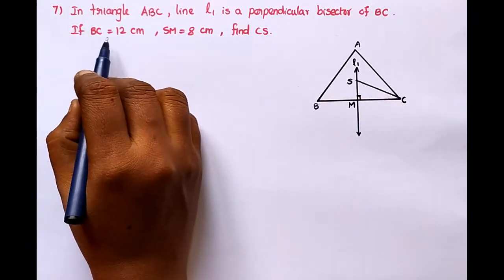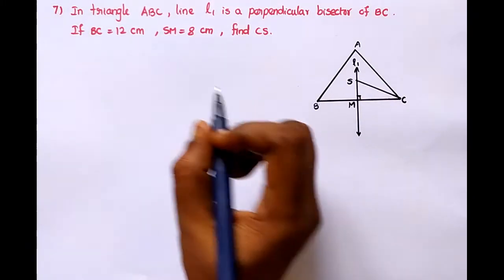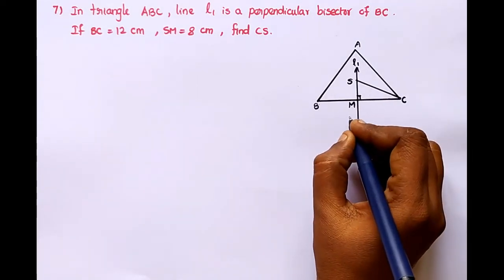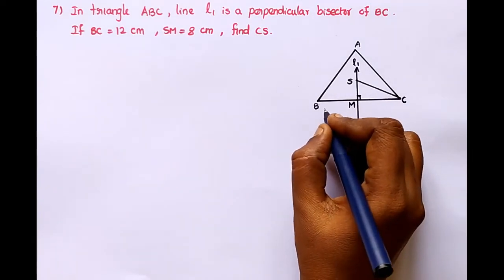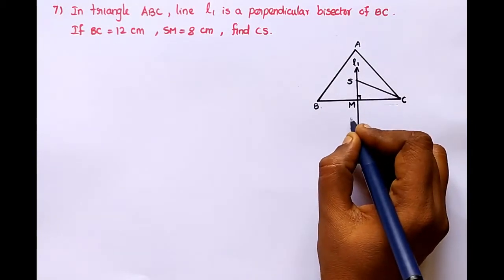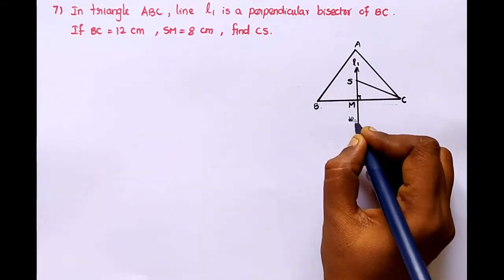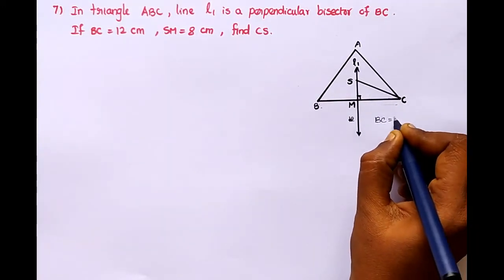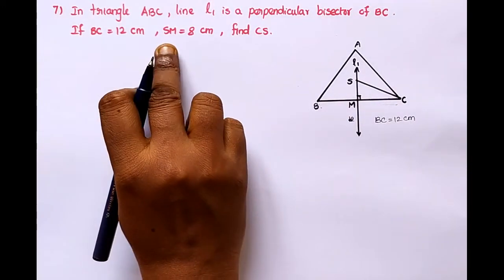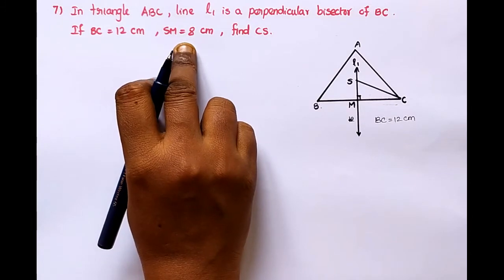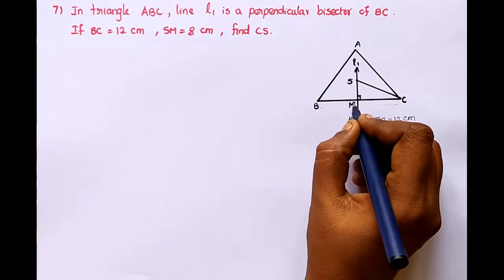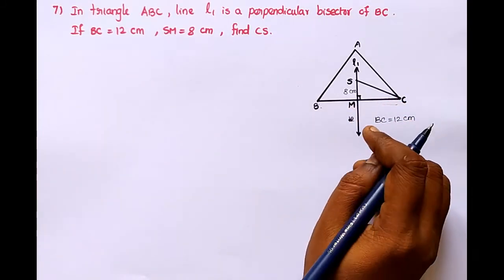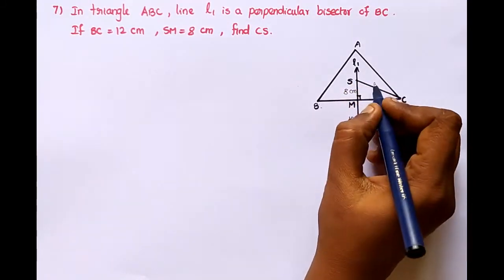If BC equal to 12 centimeter, total distance 12 centimeter, and SM equal to 8 centimeter, and find out CS.